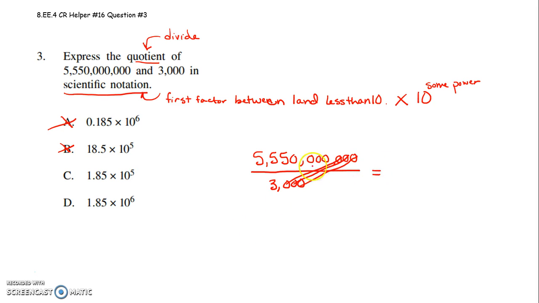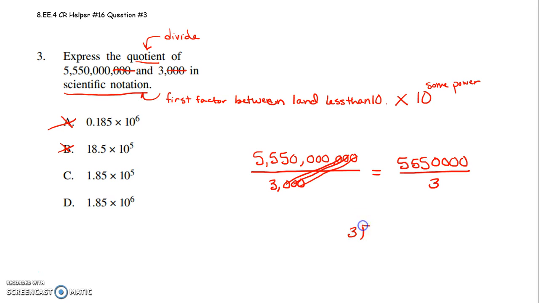So really, to make my life easier, now I have 5, 5, 5, and I'm only left with 1, 2, 3, 4 zeros. Divide that by 3. Because if I eliminate those 3 zeros and I eliminate those 3 zeros, it just makes my division easier.